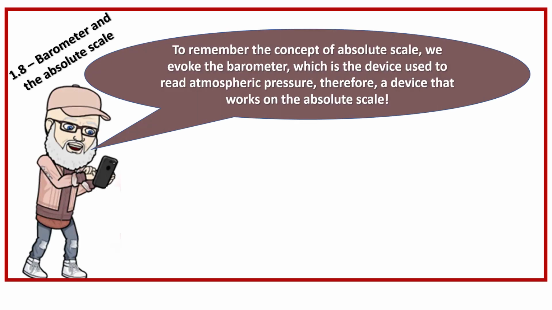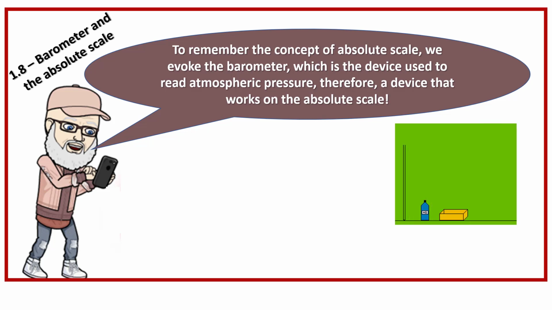To remember the concept of absolute scale, we evoke the barometer, which is the device used to read atmospheric pressure, therefore, a device that works on the absolute scale. The animation featuring a barometer represents the same at sea level. We have mercury, a graduated measuring cylinder and a reservoir open to the atmosphere.